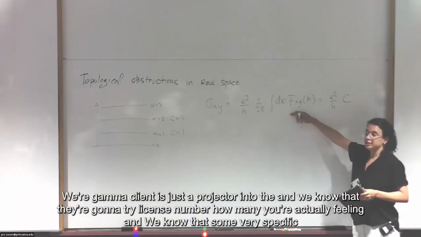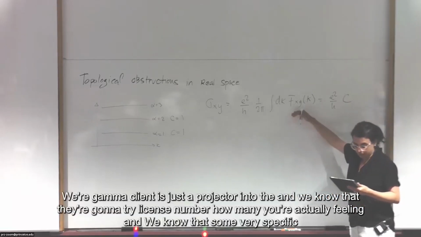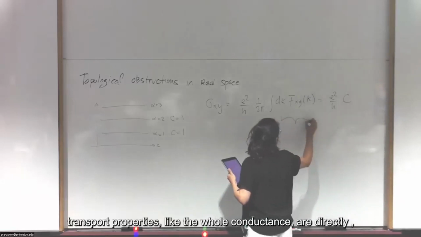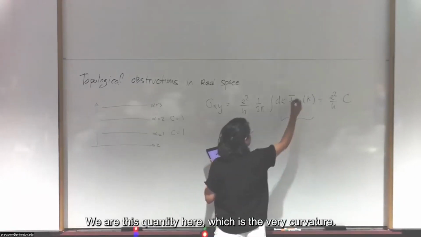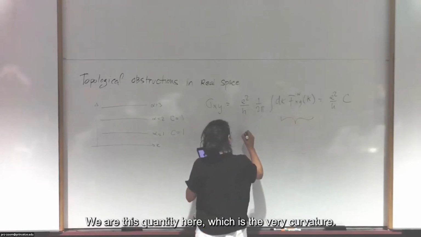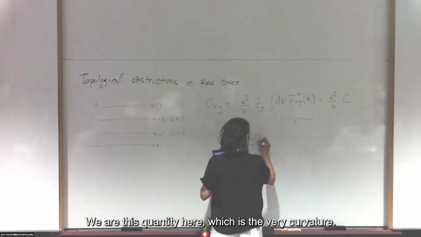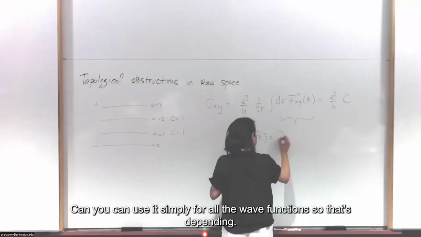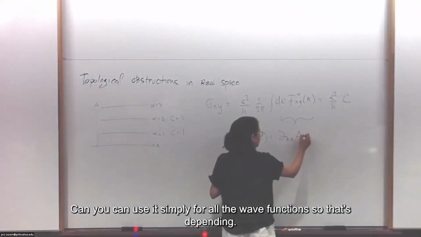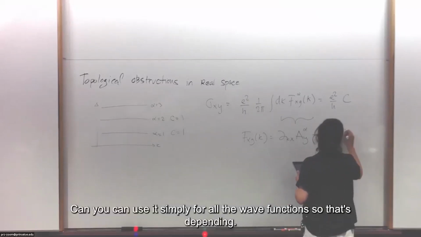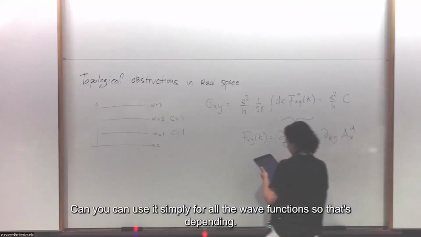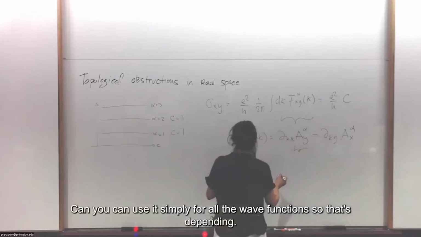where this quantity here, which is the Berry curvature, can be computed simply from the wave functions. So that's depending on the band. Where this is the Berry connection.